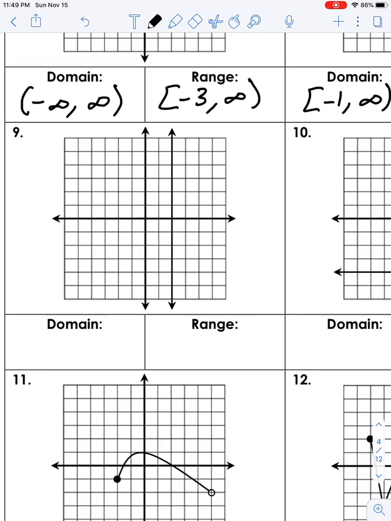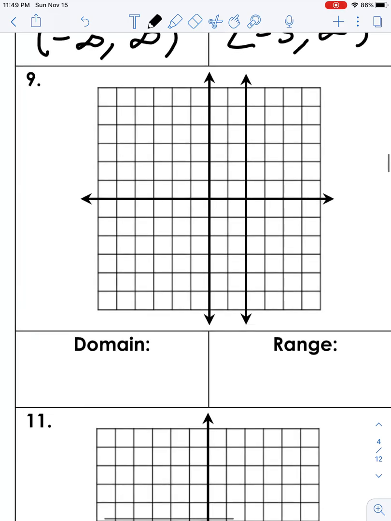Number 9. So we've got a straight up and down line right here. So domain, this is our graph right here. Okay, actually I'm not going to circle, I'm just going to highlight it. This is our graph right here. So it's not going left or right at all in any direction. So anytime you have a straight up and down vertical line, you have to know for the domain, where is the vertical line at?